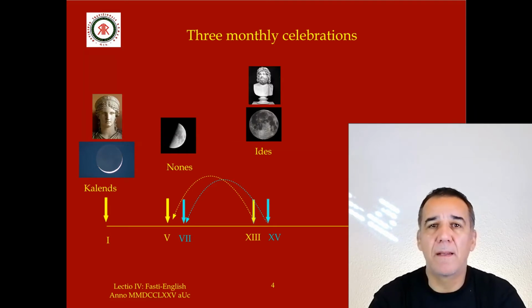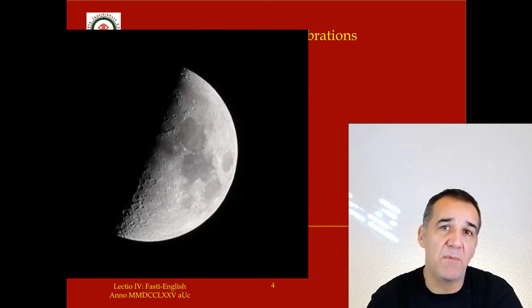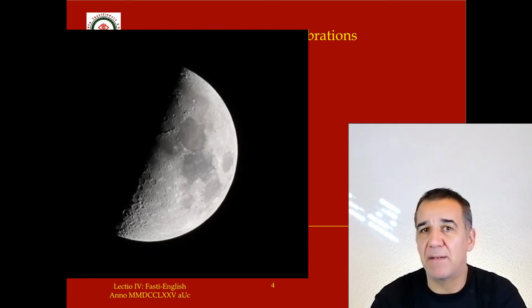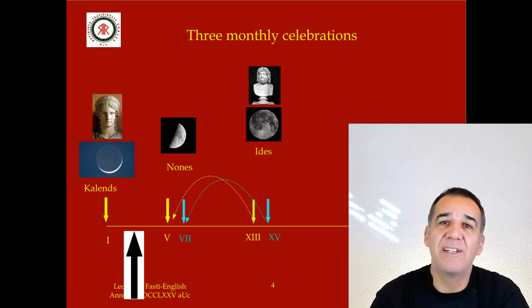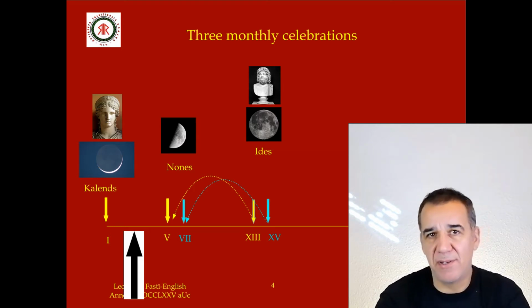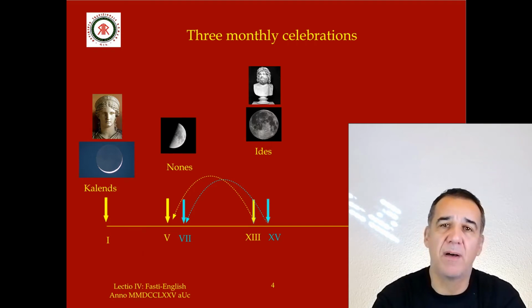Then the ancients wanted also to celebrate the first quarter moon that was occurring between the new moon, the Calends, and the mid-moon, the Ides. So the first quarter was calculated to occur on the 9th day before the Ides. So if the Ides were defined on the 13th, the first quarter was on the 5th of the month.